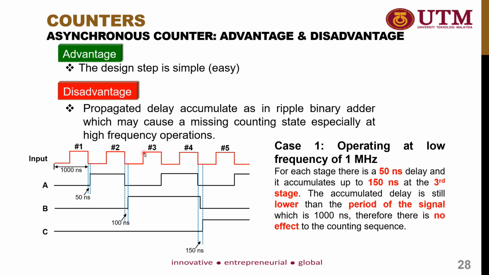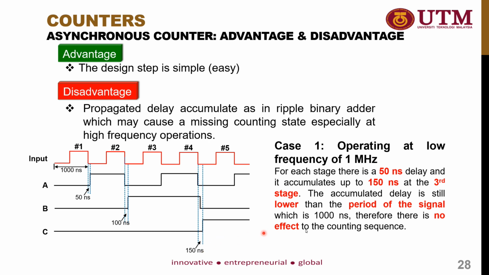For the asynchronous counter, if we have a delay for the first stage, the second stage will accumulate. For example, if we have 50, the second stage will become 100, and the third stage will become 150. If we have a fourth stage, the delay will become 200, then 250, and so on.